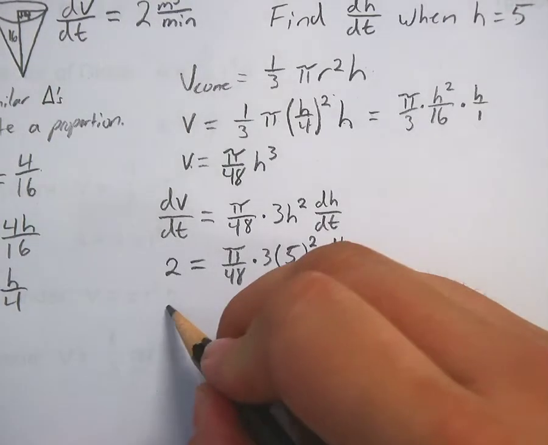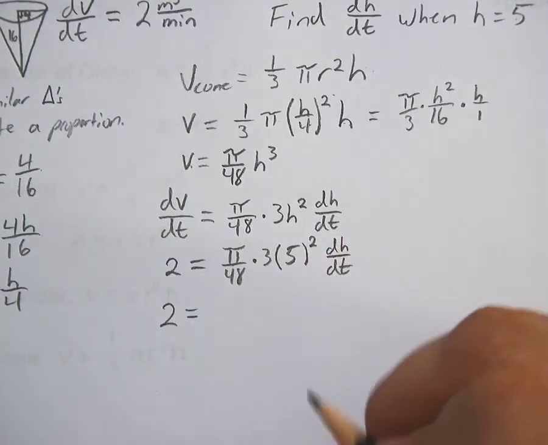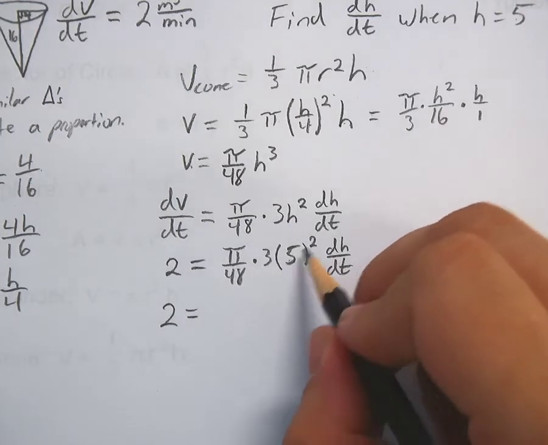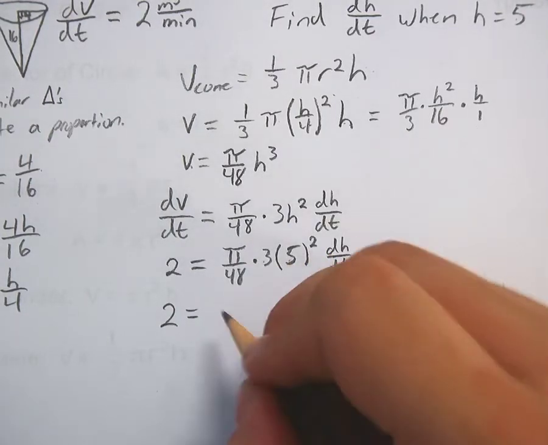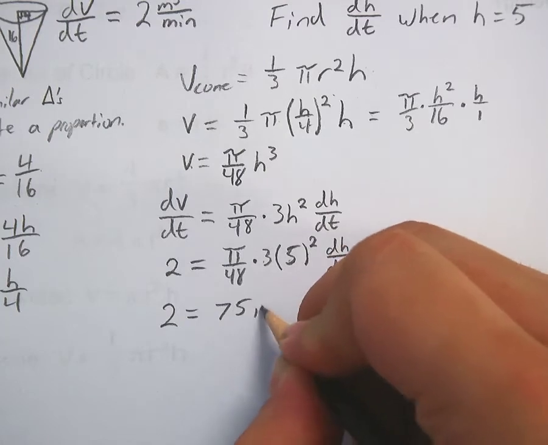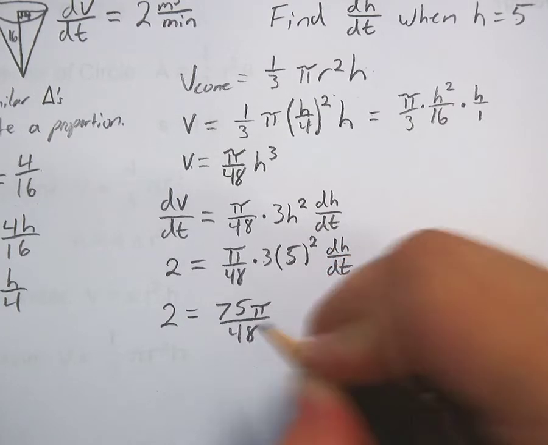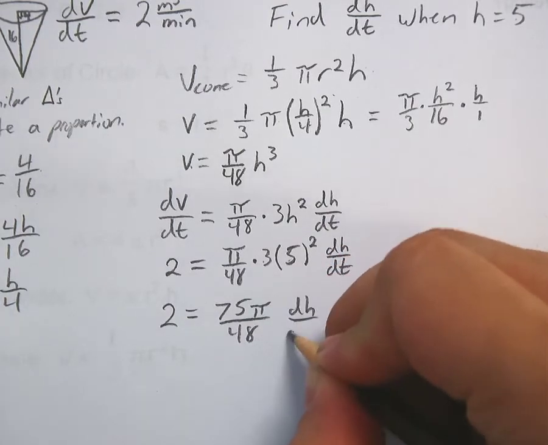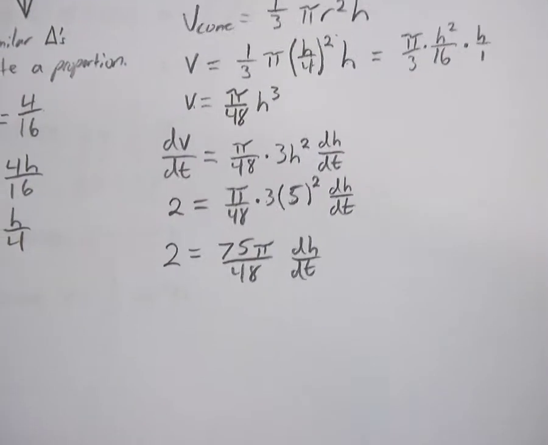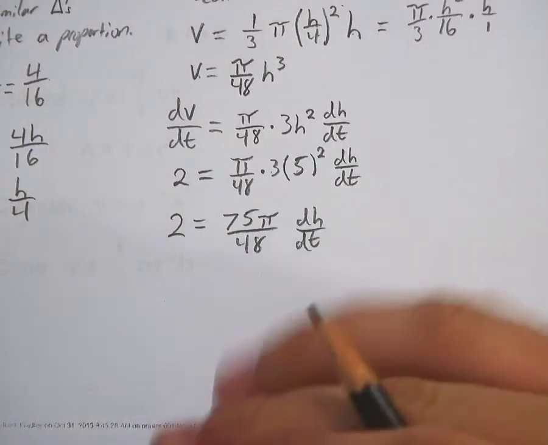Simplifying down here a little bit, I get 2 is equal to, 5 squared is 25 times 3 is 75 pi over 48 dh dt. You can simplify that down a little bit, but we'll leave it for right now.